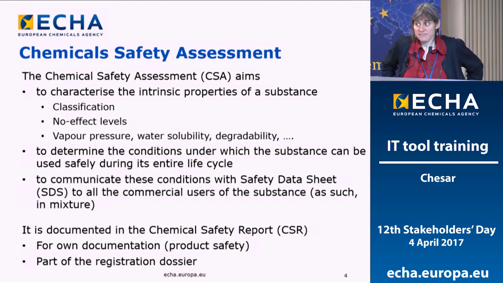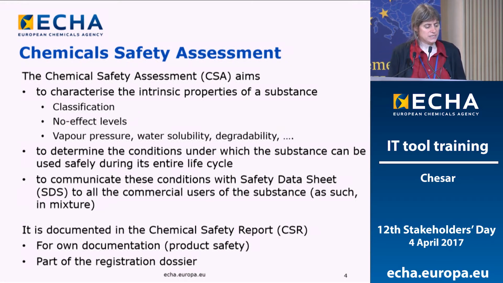The chemical safety assessment aims to characterize the properties of the substance with regard to its hazard, so classification, DNEL level for example, or properties like fate properties: vapor pressure, water solubility, degradability, etc. It is there to determine the conditions under which the substance can be used safely during its entire life cycle, so not only the manufacture, but all the further life cycle stages of the substance.